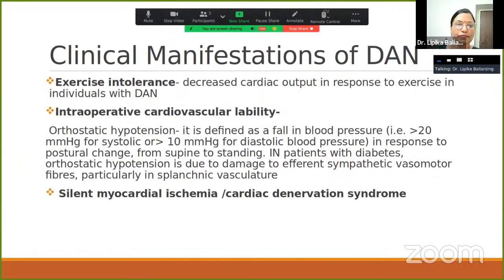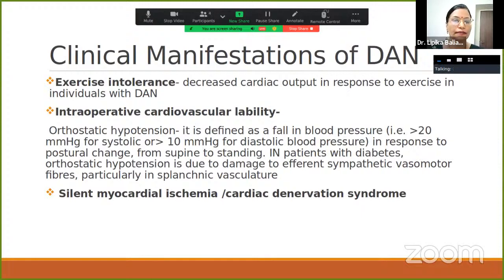Coming to the clinical manifestation of it, exercise intolerance is due to decreased cardiac output in response to exercise in individuals developing this disorder. And there is intraoperative cardiovascular lability. This is very important for us to know because when we provide regional spinal anesthesia or epidural anesthesia, then these patients go into severe hypotension and almost it becomes intractable hypotension because they have this autonomic neuropathy.